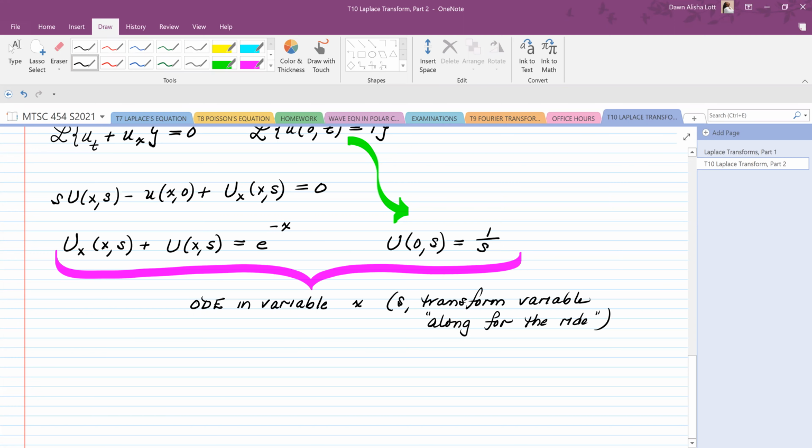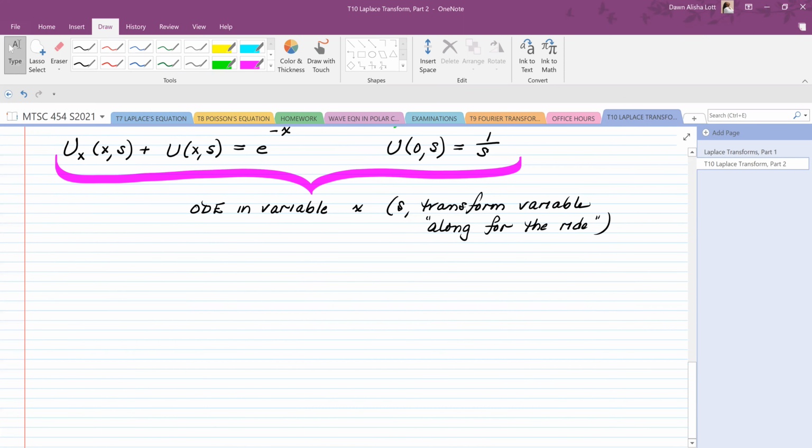Okay, so now what I need to do to solve this problem is find my integrating factor. It is e to the sx. So I'm going to multiply the left-hand side by that. So I'm going to get the total derivative with respect to x of e to the sx times capital U of x and s.